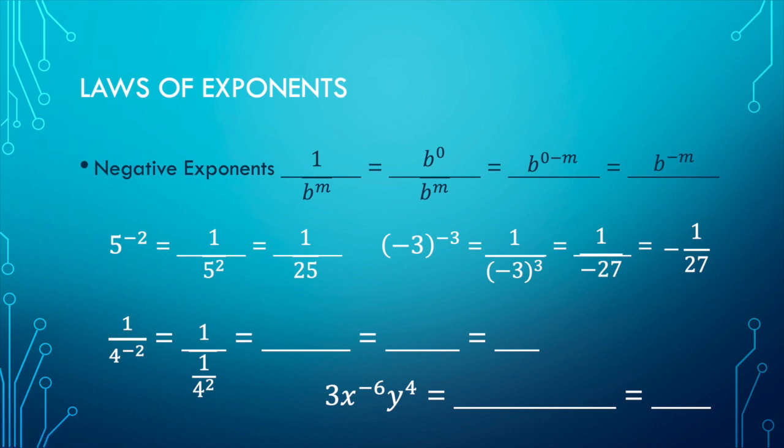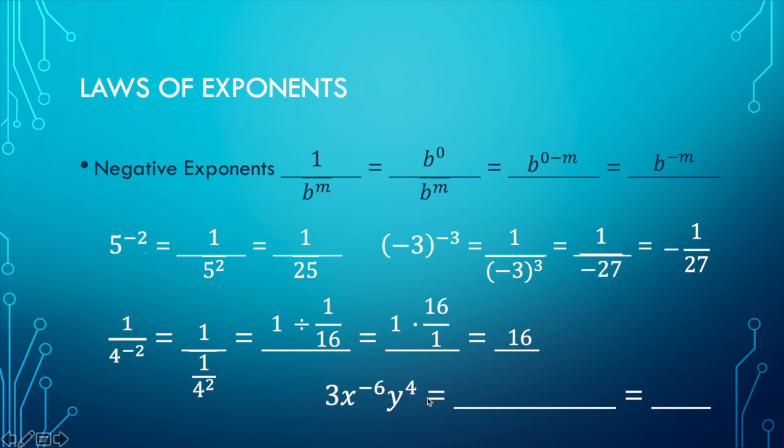This is saying 1 divided by 1 divided by 4 squared. In other words, we can say 1 divided by 1 over 16. Well, remember that when you divide by a fraction, it is the same as multiplying by its reciprocal. So this is the same as 1 times 16 over 1, which will give us 16.